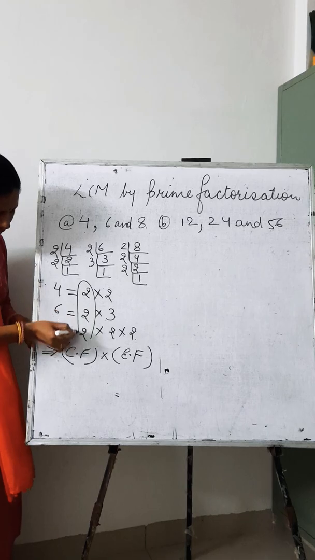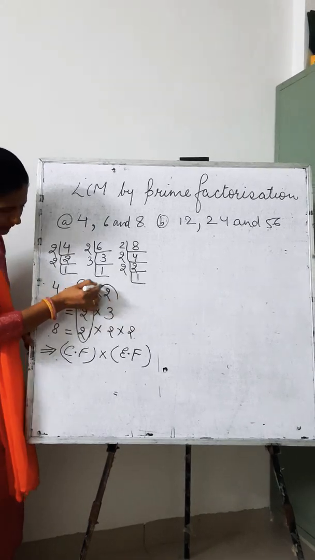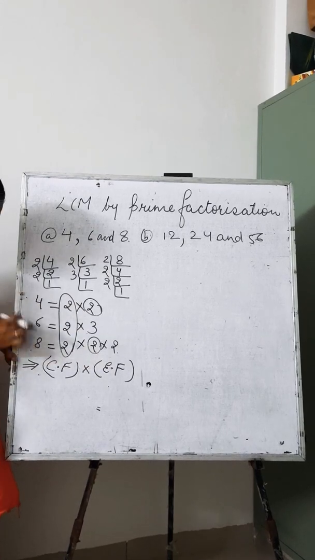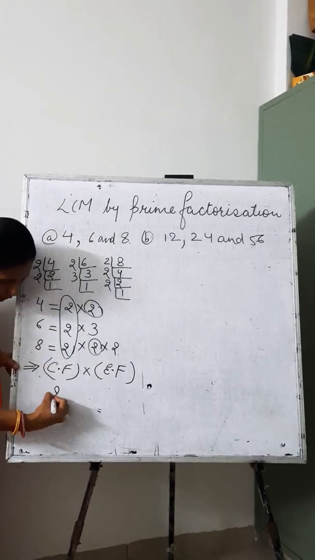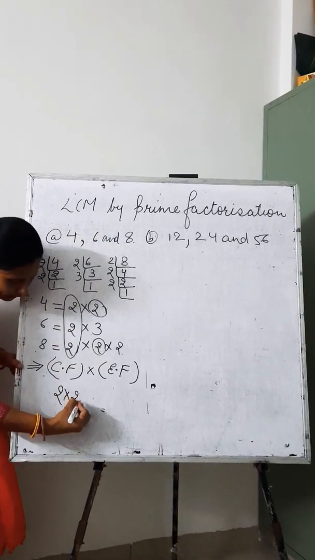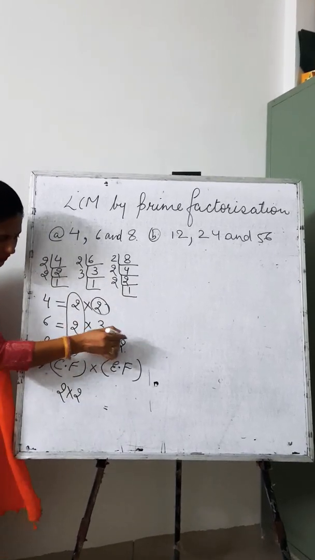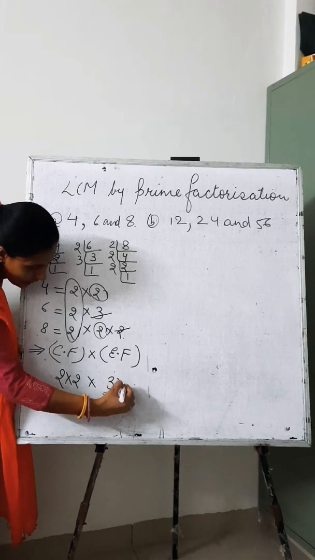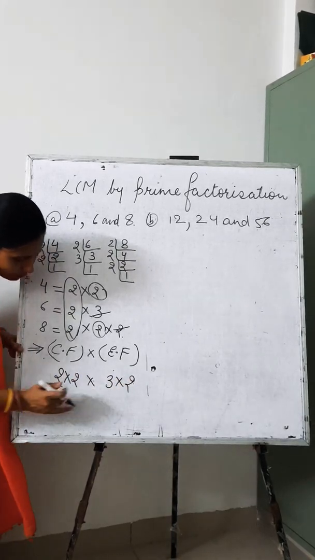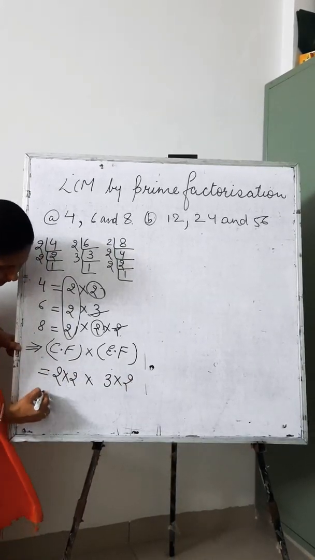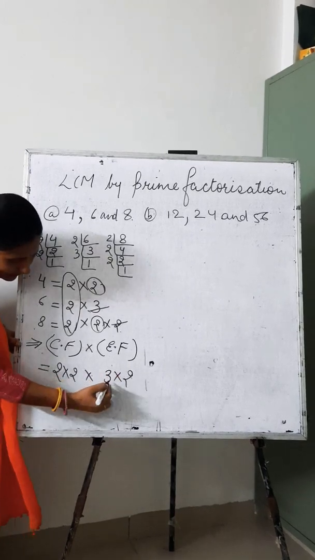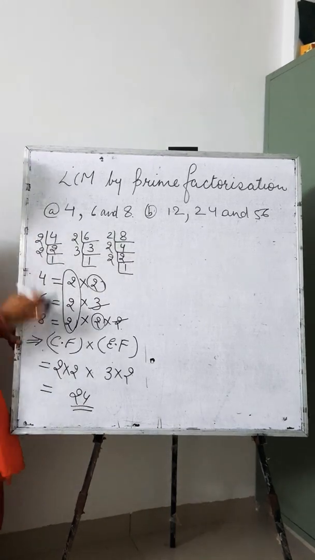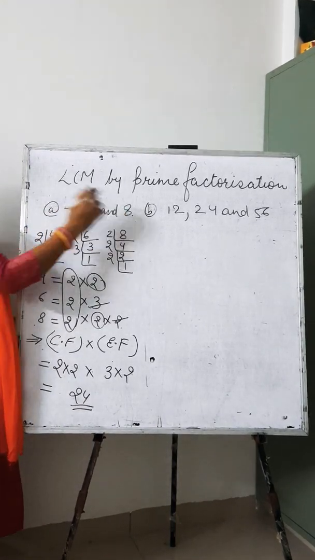So 2 is common in all of these, and this 2 is common between these two numbers. So common factors are 2 multiplied by 2. And what are the extra ones? This 3 and this 2. So now you have to find the product of these. 2 2s are 4, 2 4s are 8, 3 8s are 24. So 24 is the LCM of 4, 6 and 8.